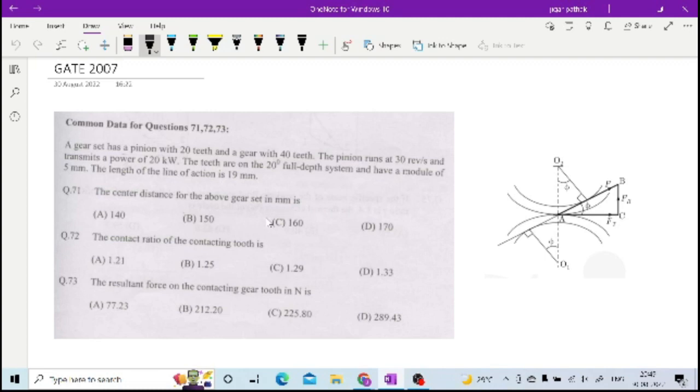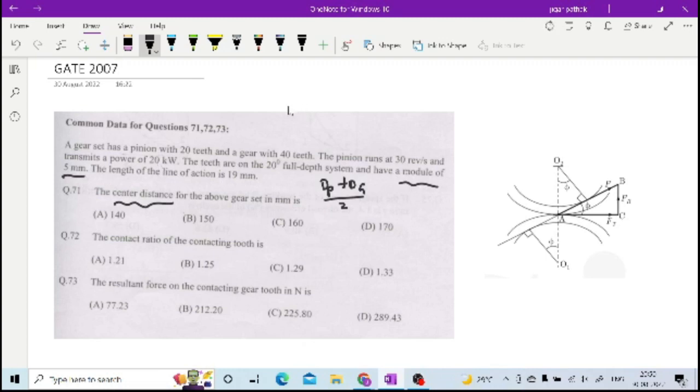What is center distance? We have calculated earlier also, right? Diameter of pinion plus diameter of gear divided by 2. So here also you can easily do this, because module is given as 5 mm.